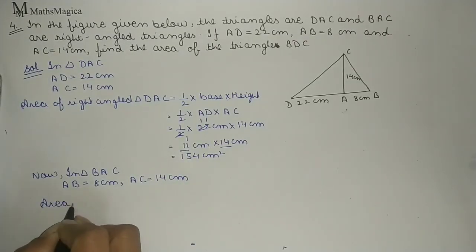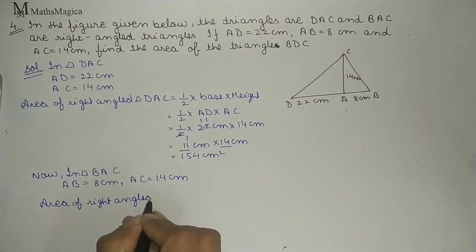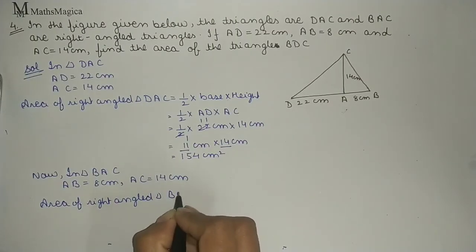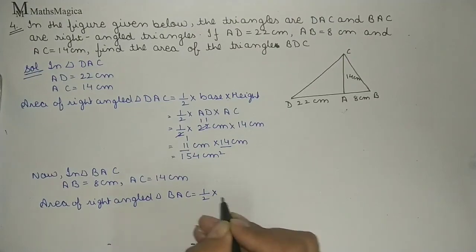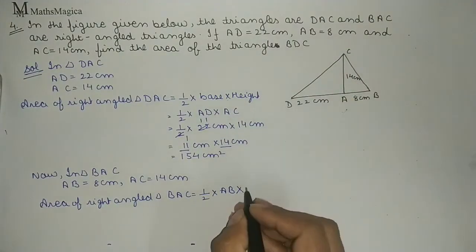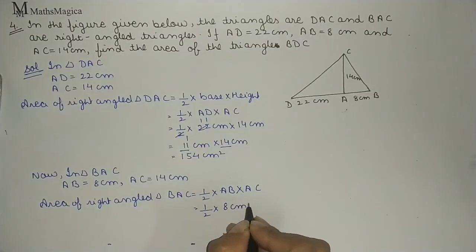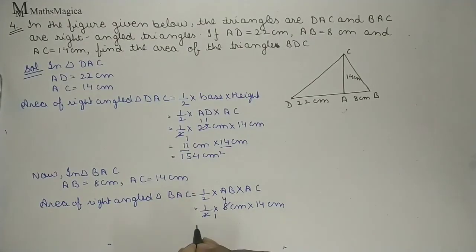Area of right angle triangle BAC is equal to half into base AB into height AC. Put the values. Half into base is 8 centimeter. Height is 14 centimeter. Simplify it. 2 ones are 2. 4 twos are 8. 4 multiply by 14 centimeter square. Area is always square units. 14 multiply by 4 is 56 centimeter square.